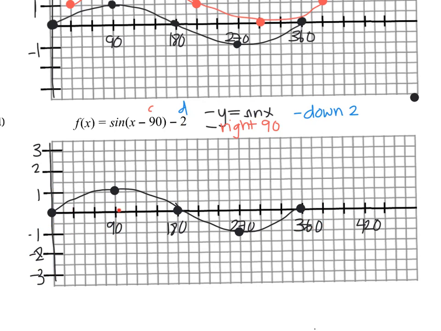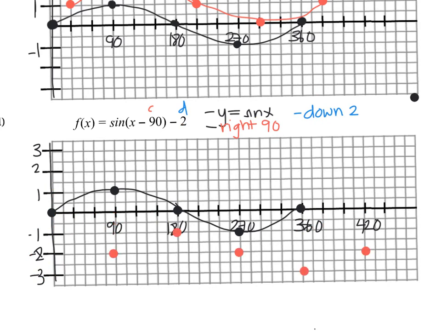Remembering that 90 defined on my scale is actually 1, 2, 3, 4, 5, 6 squares. So I have to move every point 6 squares to the right, and down 2, for me, that's going to be 4 squares down. 1, 2, 3, 4. So every one of my points needs to be moved to the right 6 squares and down 2.